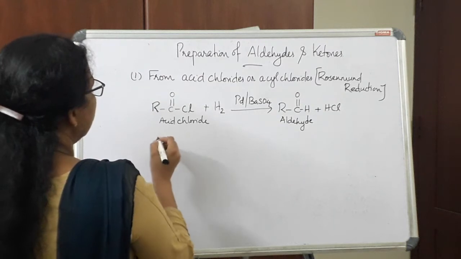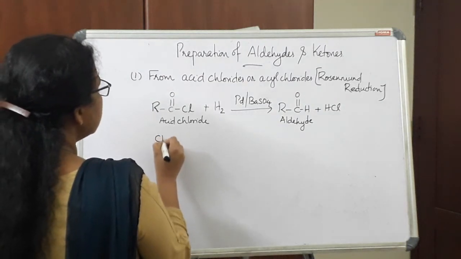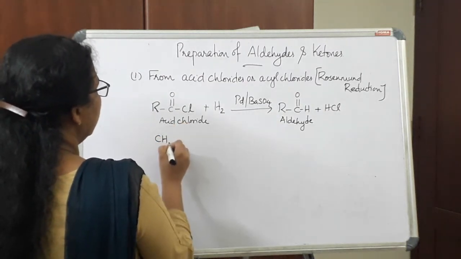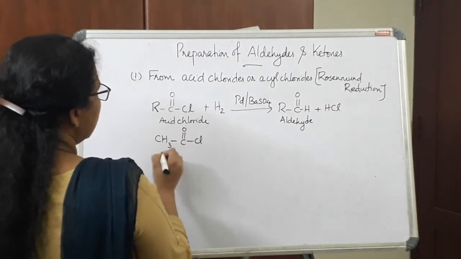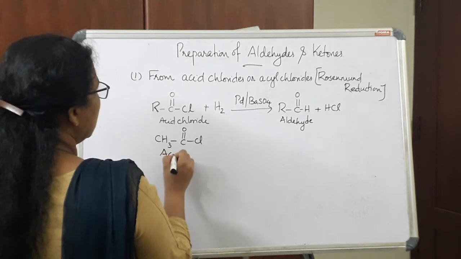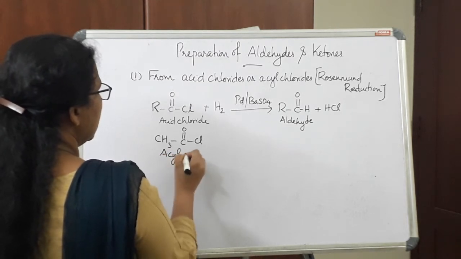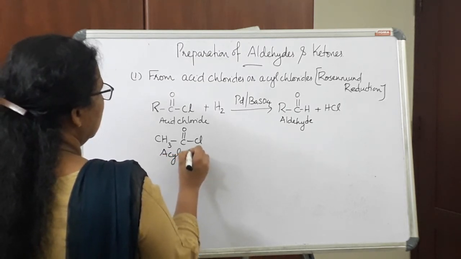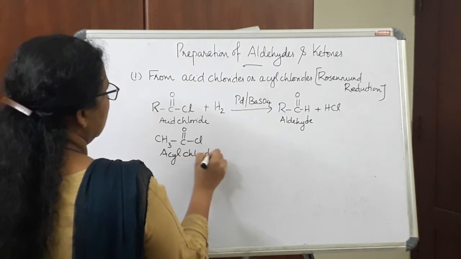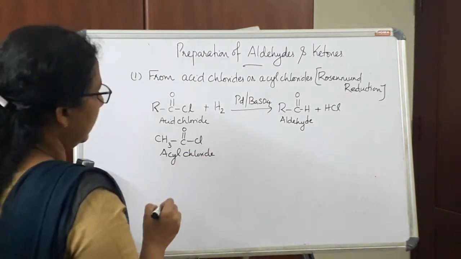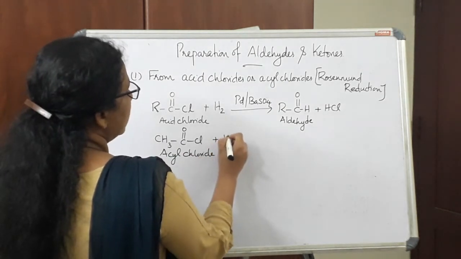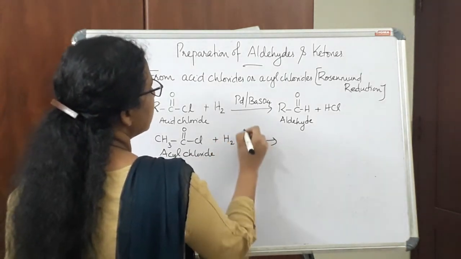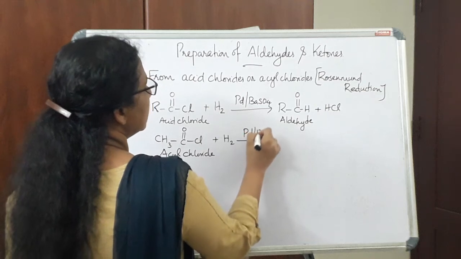Now let us write an example. Instead of RCOCl we can write CH3COCl. This is acyl chloride or acetyl chloride. Acetyl chloride reacts with H2, Pd, BaSO4, that is the reagent.